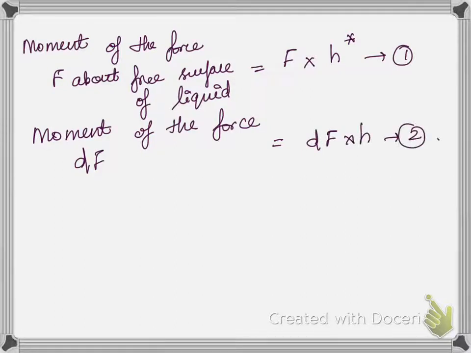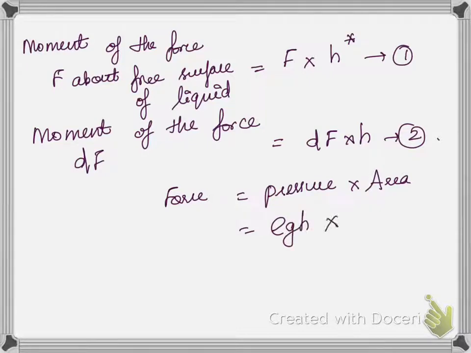Okay, and we know that force is equal to pressure into area. The pressure formula we all know is rho g H, and the area for the strip is B into dH. So this will be my dF because I am calculating for a small strip.